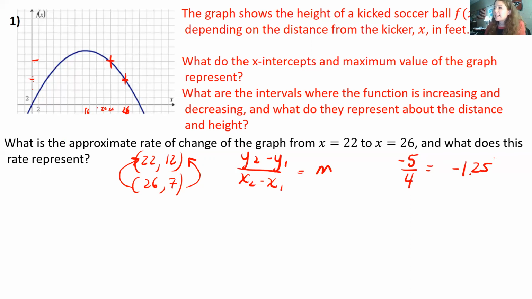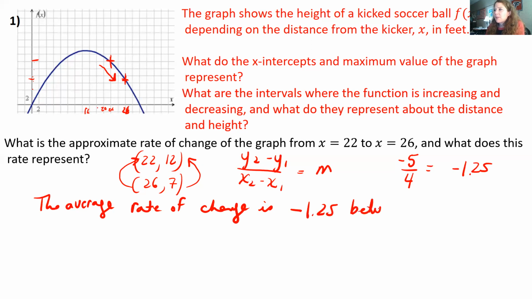Yeah, 1.25. It's negative 1.25, which makes sense because at this point, our graph is decreasing, correct? So I would say, what does it mean? What does it represent? The average rate of change is negative 1.25 when x is between 22 and 26.